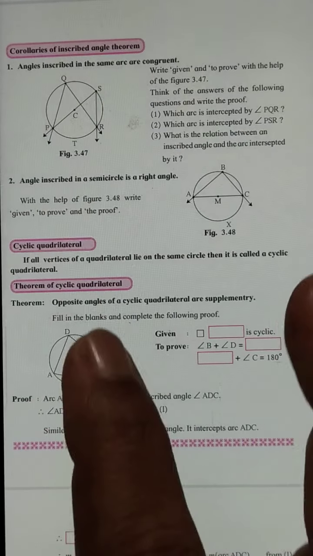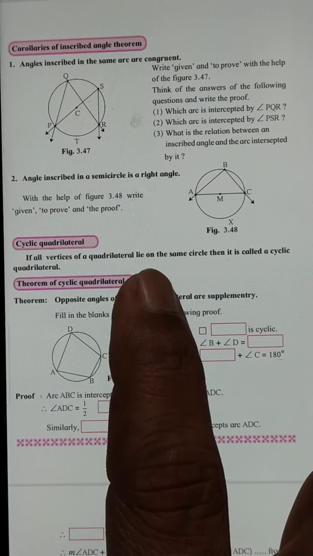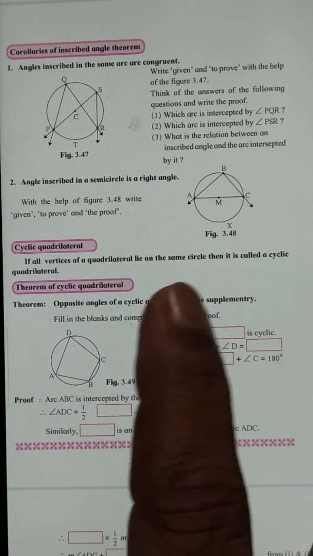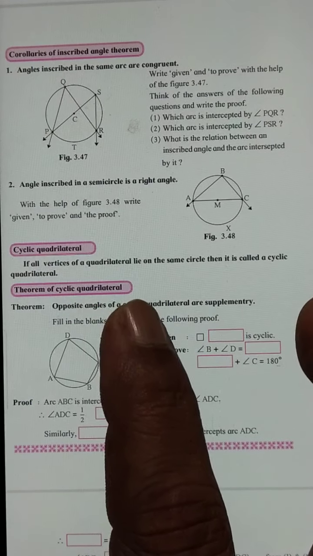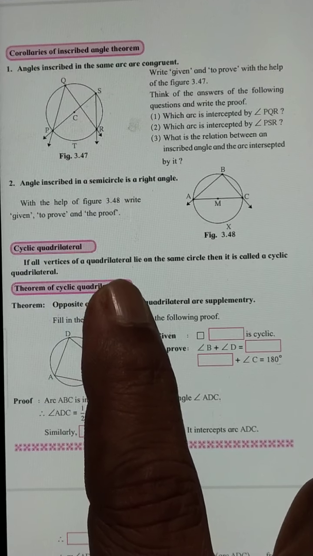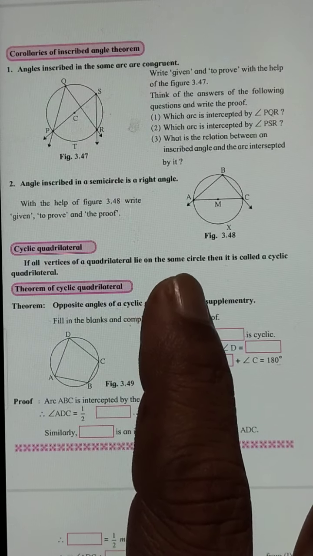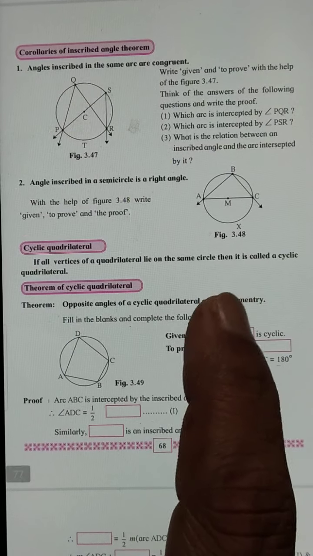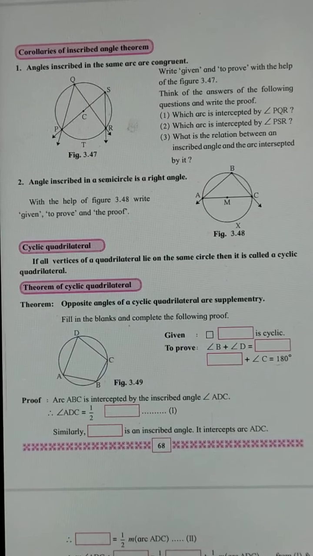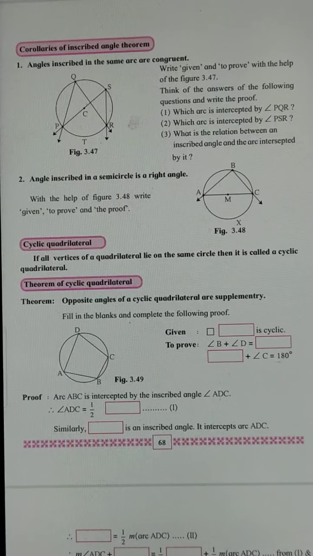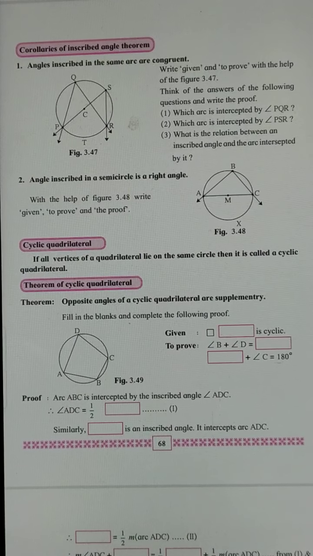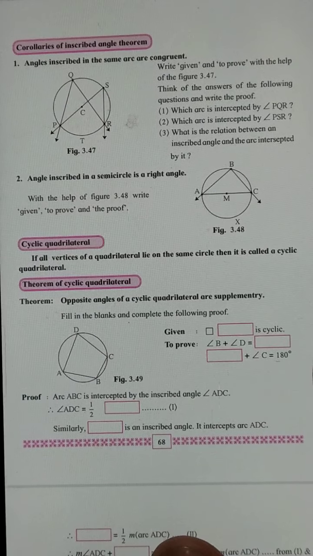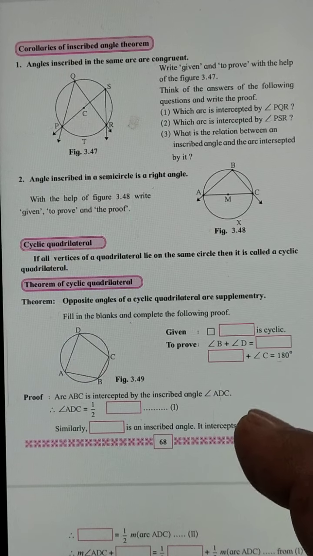If all vertices of a quadrilateral lie on the same circle, then it is called a cyclic quadrilateral. Once again, if all vertices of a quadrilateral lie on the same circle, then it is called a cyclic quadrilateral. Okay, now the theorem of cyclic quadrilateral. It is an important theorem for the coming board examination.